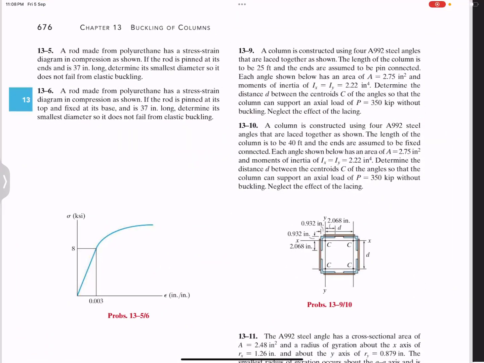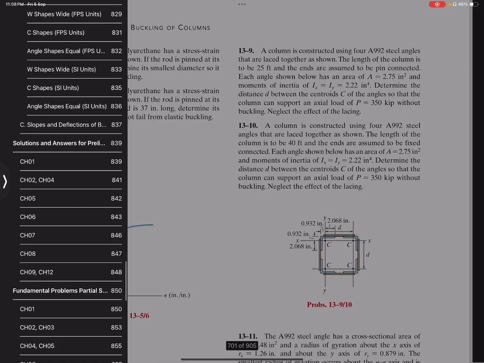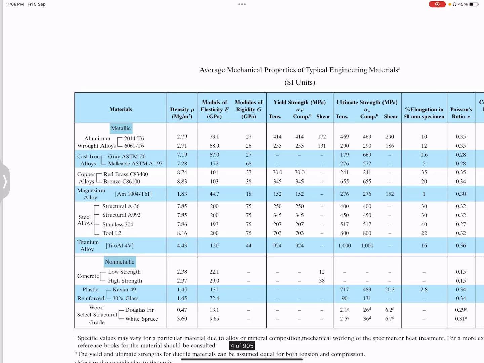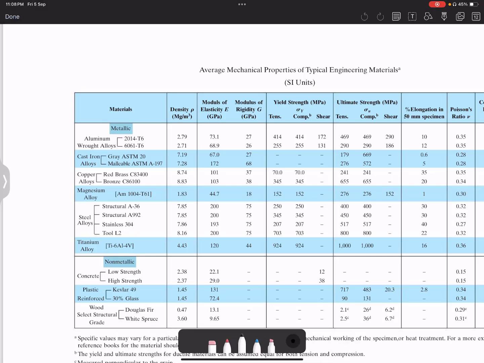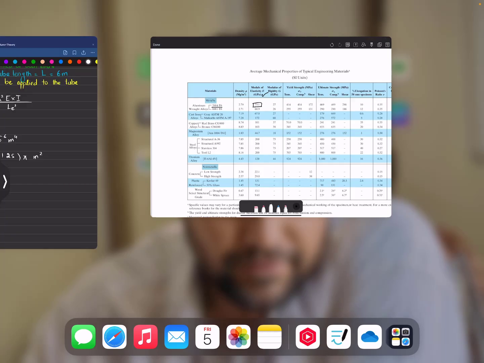You have to go to the end of the book and choose average mechanical properties. In that you have to look for the material. So the material was 2014-T6, and here you can see the E value is 73.1 gigapascal. So let's move back.